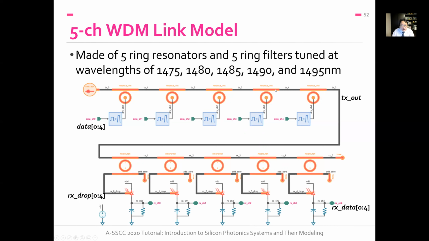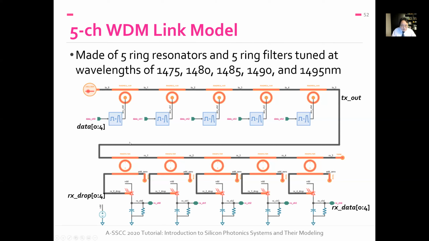You can do this because each modulator is just modulating the one particular wavelength that corresponds to the resonant condition of this ring, and for other wavelengths, it will just propagate. So just putting them in series, you can individually modulate these different wavelengths of the optical signal.